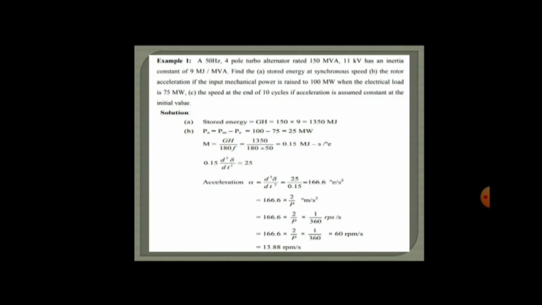Okay, so what is the mechanical power? Already given, the input mechanical power is raised to 100 megawatts. So you can write 100 minus electrical power. So what is the electrical power? Electrical load is 75 megawatts. So minus 75.